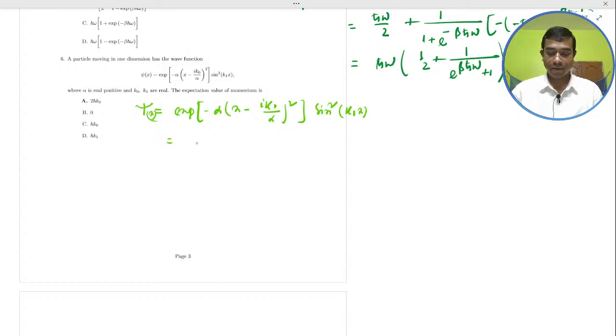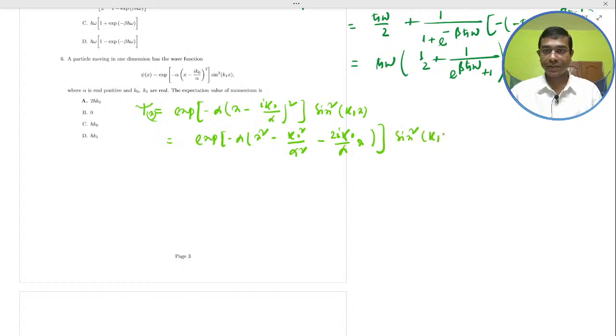This is nothing but the exponential of minus alpha into x square minus k naught square by alpha square minus 2i k naught by alpha into x, sine square k1 x.